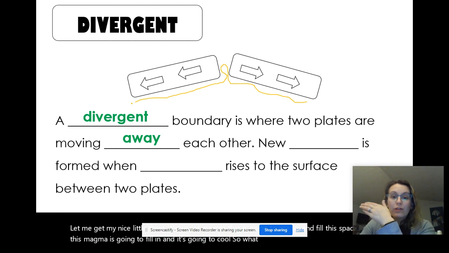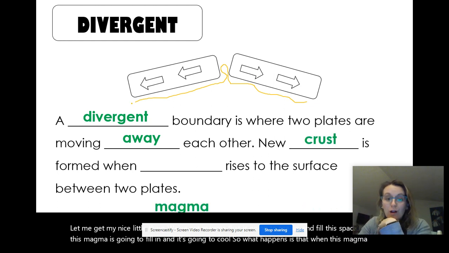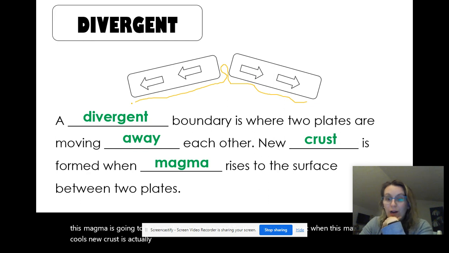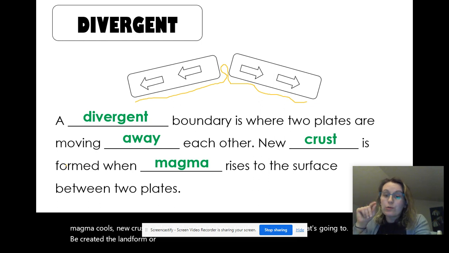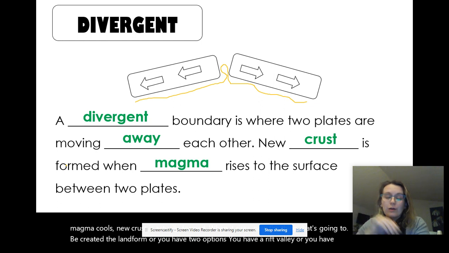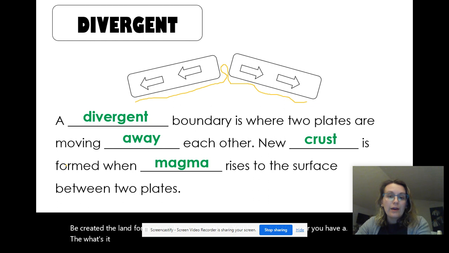So what happens is that when this magma cools, new crust is actually formed when it rises. Now, the landform that's going to be created, you have two options. You have a rift valley, or you have an oceanic ridge.